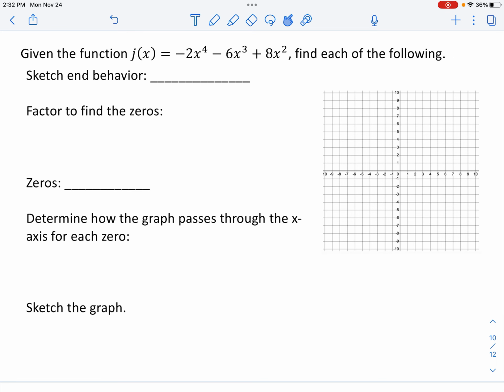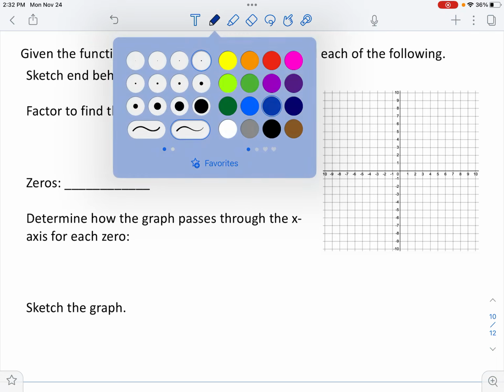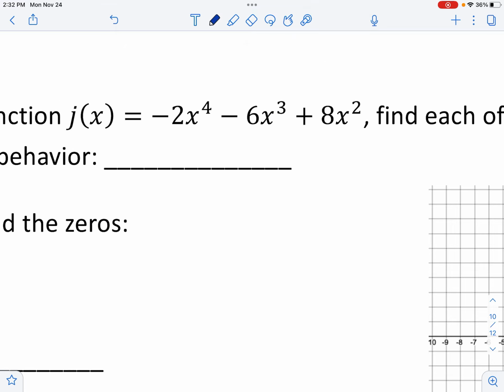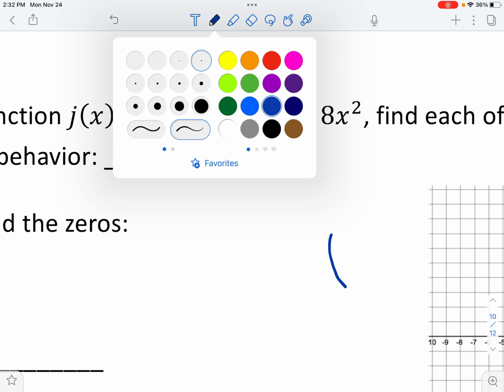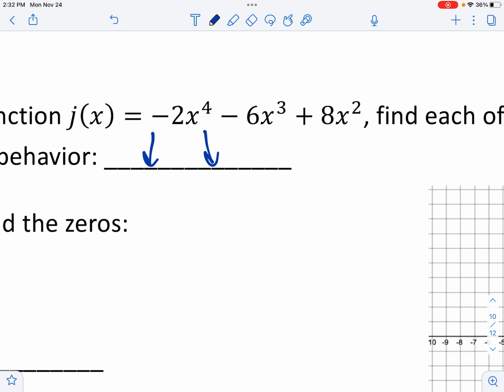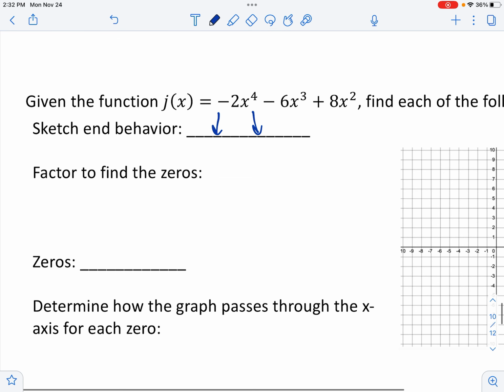Okay, this is an even degree function because that's a 4. And the leading coefficient is -2. So that means it should open like this if you reference your chart. Okay. Now I'm going to have to factor this.